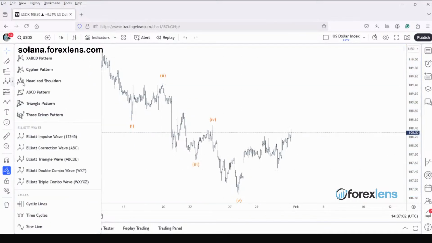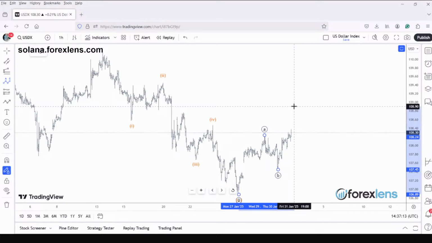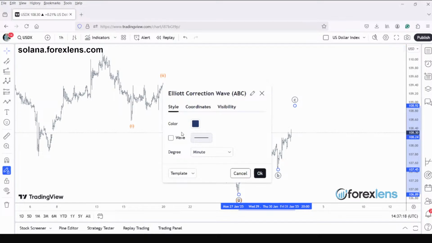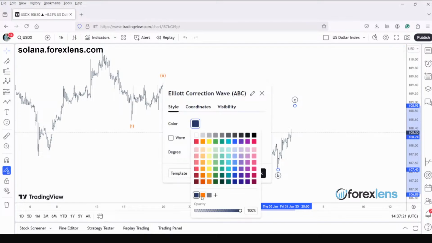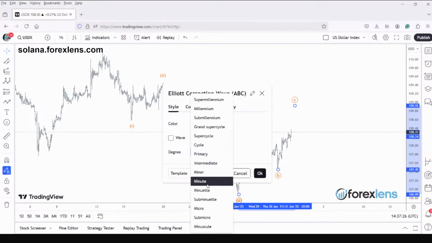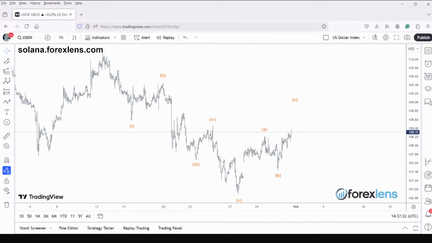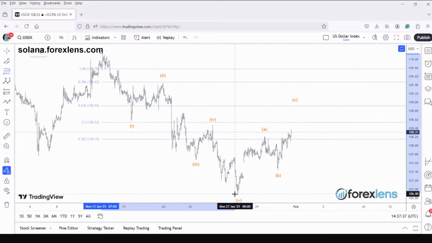And on the right hand side, we've got corrective waves A, B, and C. And I would not be surprised if there is some more room left. That is okay because we are already prepared for a 109 touch. It would be excellent if it happens in the next few hours. Actually, I'll be keeping a watch on it. That is minute degree. And always prefer to play around the Fibonacci retracements and extensions.